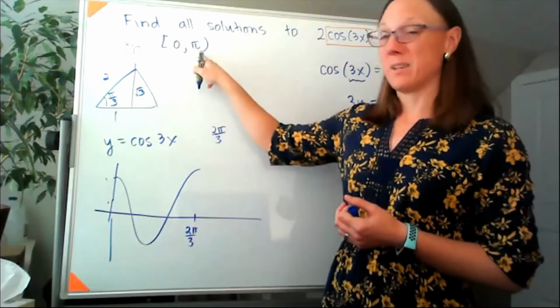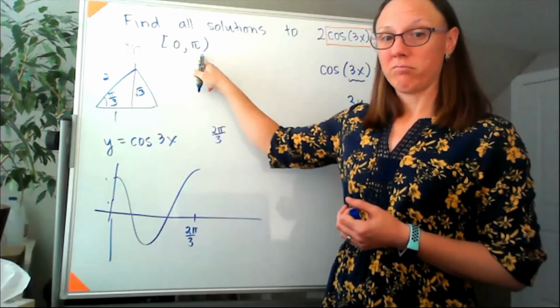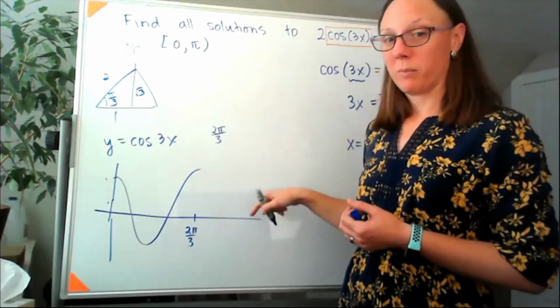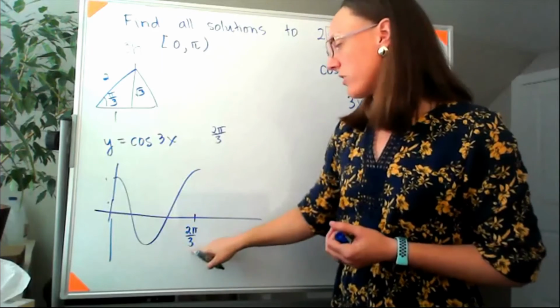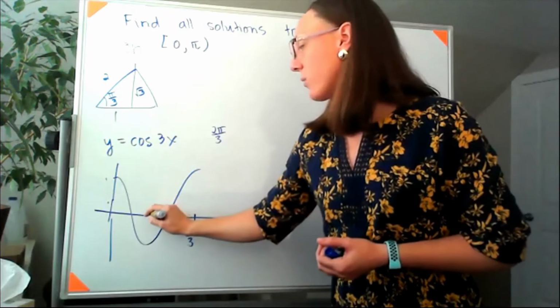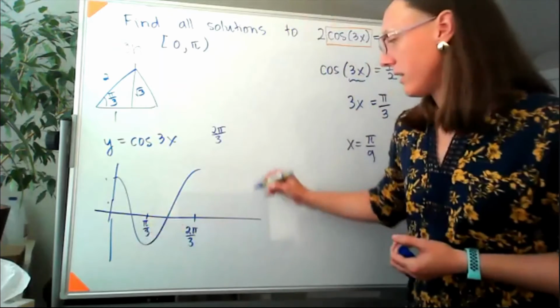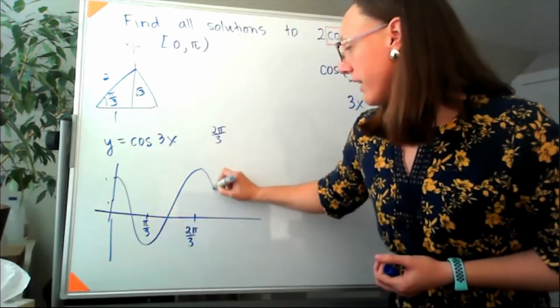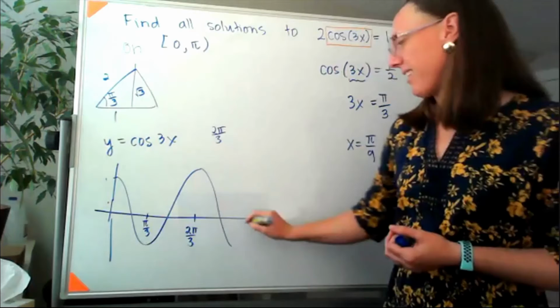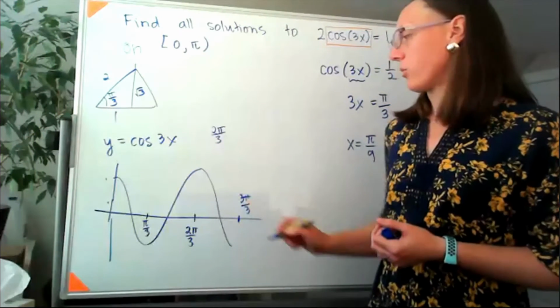I'm not quite to pi yet. Pi would be at 3 pi over 3. So I've got to keep going with my curve. So there's the 2 pi over 3. By the way, that means that right here in the middle, that would be pi over 3. And I've got to keep going to here in order to be at 3 pi over 3.